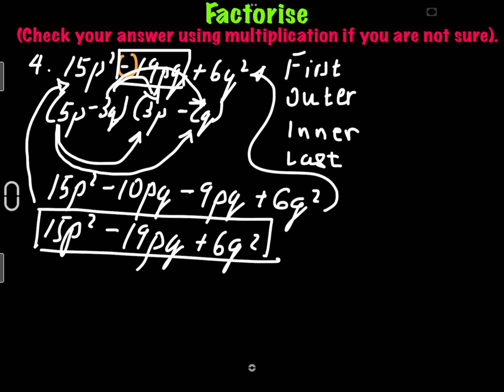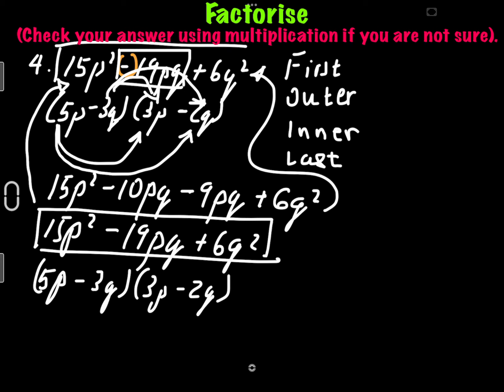Given that, our answer is 5p minus 3q multiplied by 3p minus 2q. That's the answer, that's the factorization of this problem.